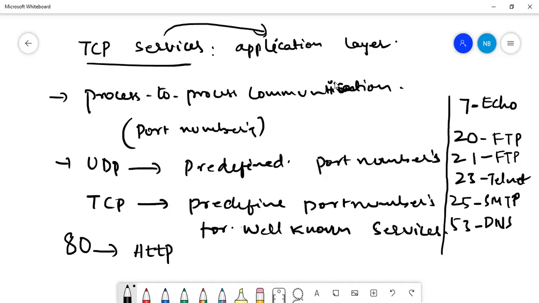Most of the communications through the internet will be done through port number 80. It is the default port number for HTTP, which makes our data or text be transferred over the internet. So this is the first service, process to process communication.